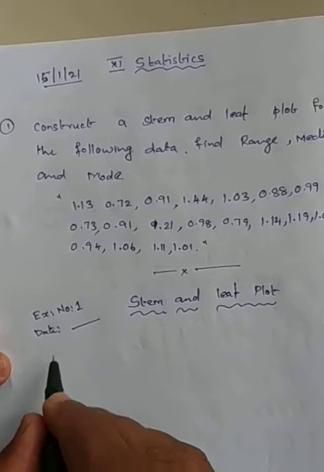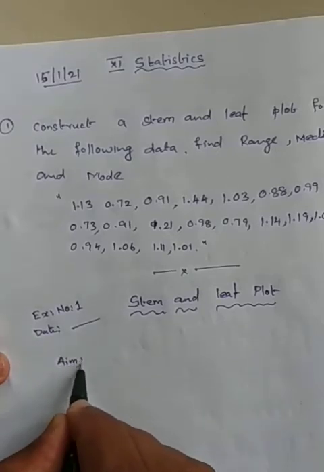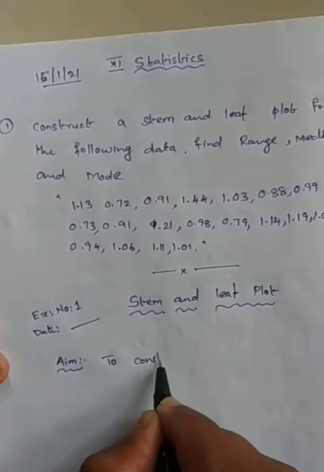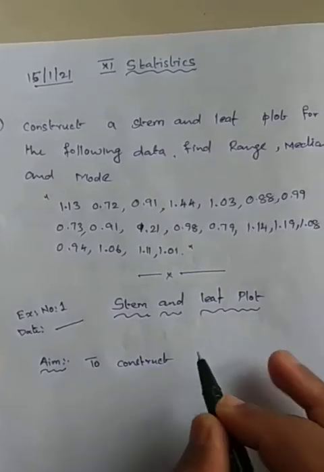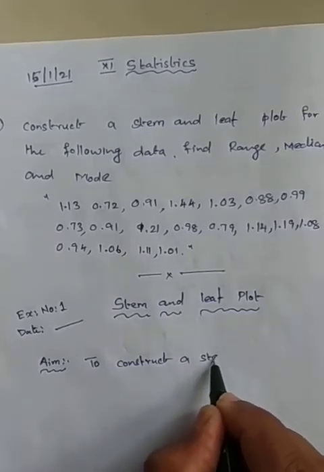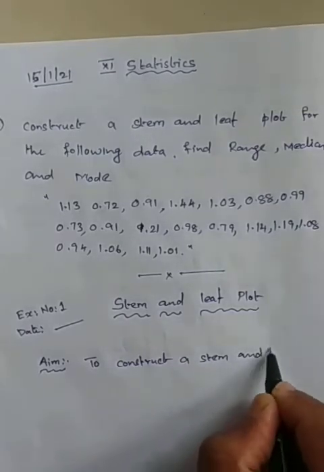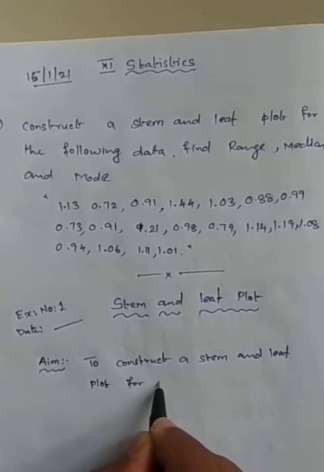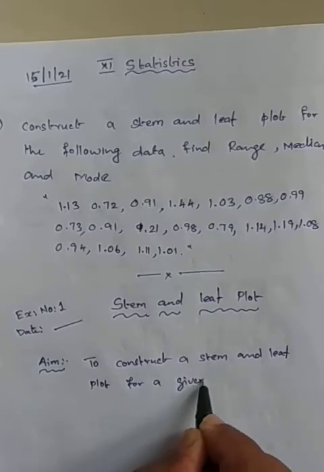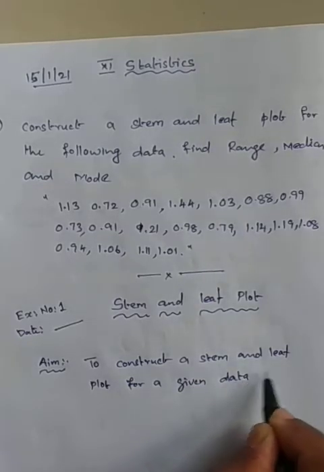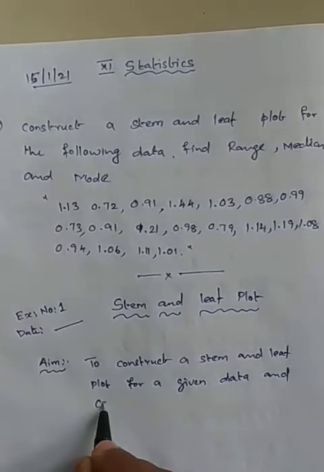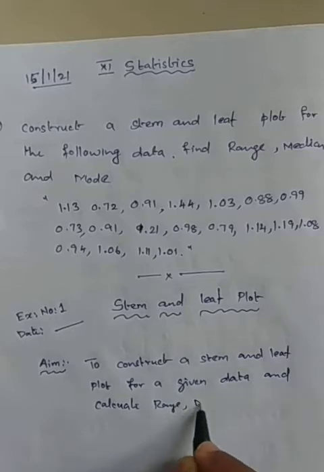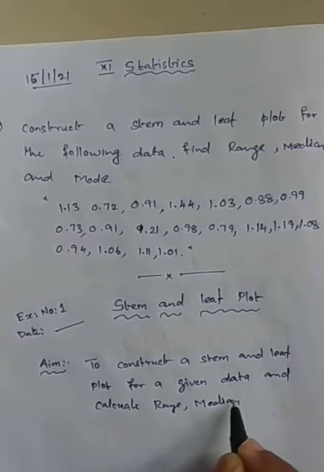The first one is aim. Aim is what? To construct a stem and leaf plot for a given data and calculate range, median and mode.